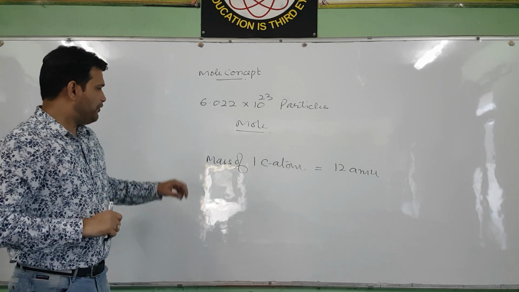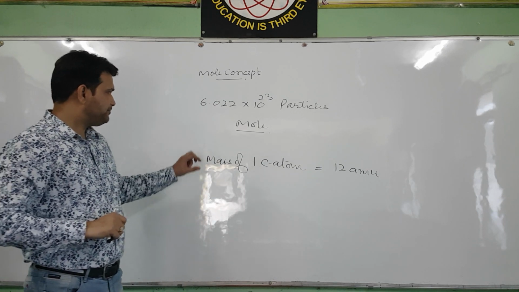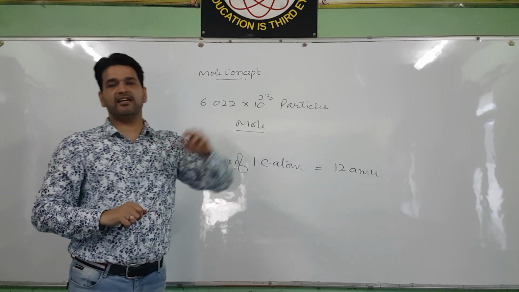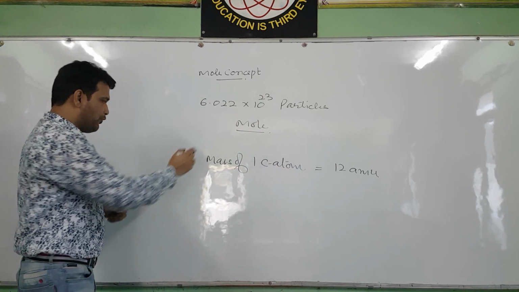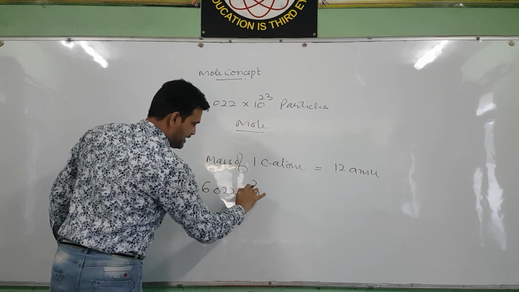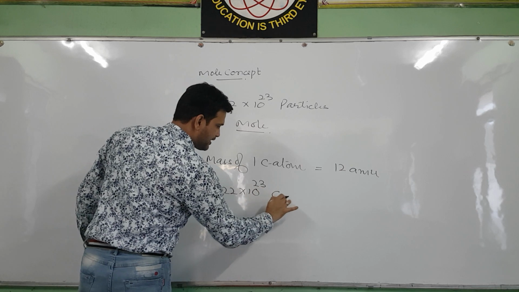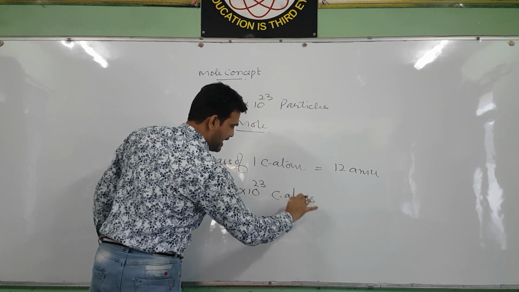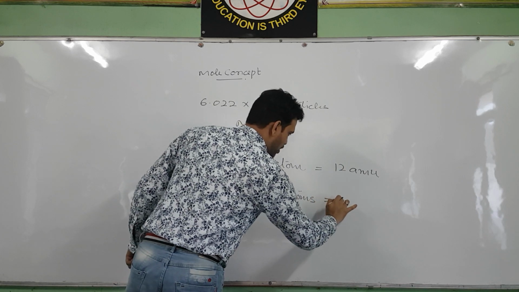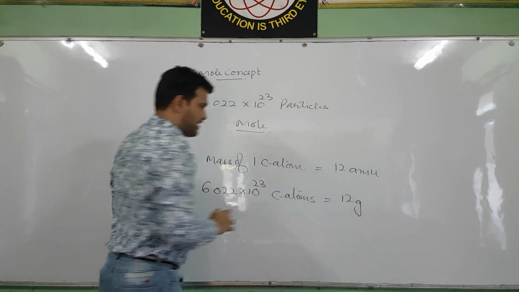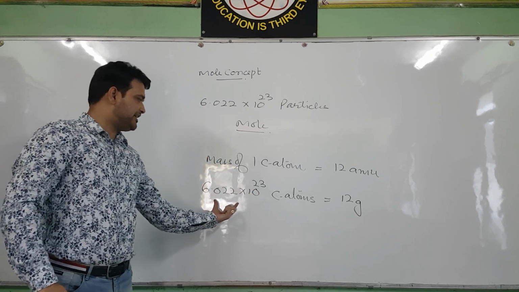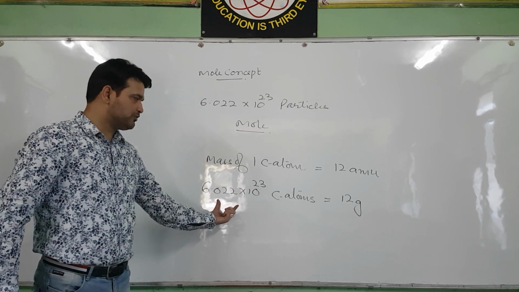So we wanted the mass of carbon atoms to be expressed in grams. When 6.022 into 10 raised to the power 23 carbon atoms were present, their mass was 12 gram. So this is how this number was introduced.